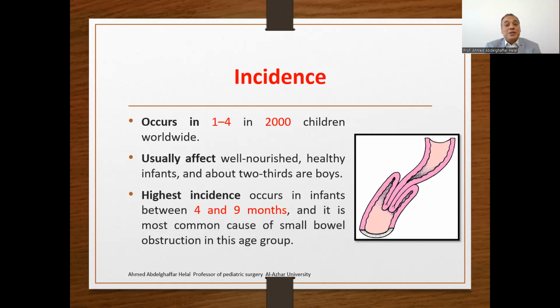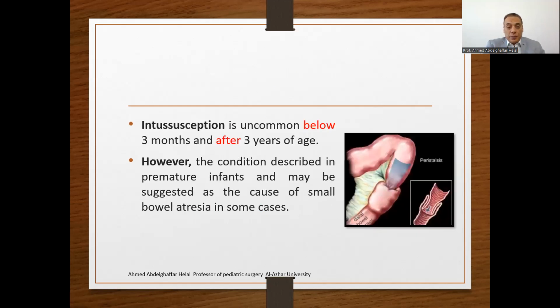The highest incidence occurs in infants between 4 and 9 months, and it is the most common cause of small bowel obstruction in this age group. Intussusception is uncommon below 3 months and after 3 years of age.